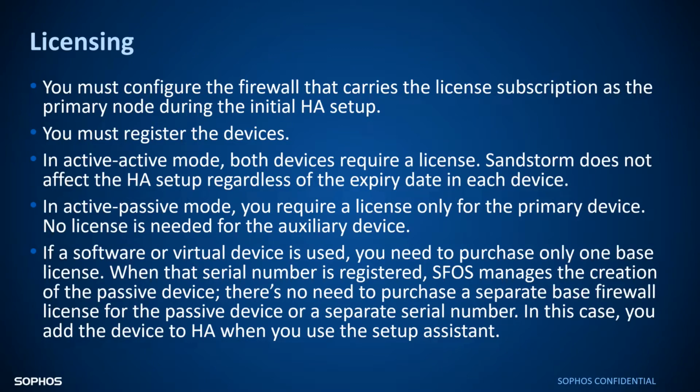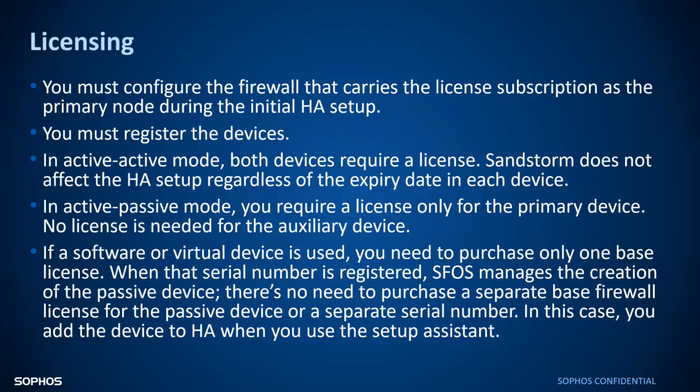If we're going into active-active, this is going to require a license on both devices. You will need to make sure that on both pieces of hardware, you have the same subscription purchased for both. You also want to make sure that you have your support subscriptions enabled for both as well if you are purchasing on term.